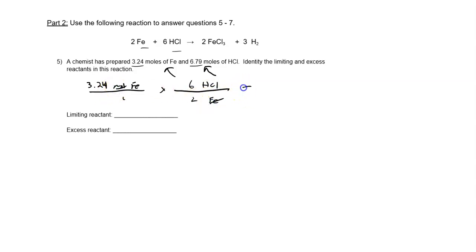And what that'll do is tell me how many moles of HCl would be used to use up all of that iron. Okay, so I'm going to go 3.24 times 6 divided by 2, and I get 9.72 moles of HCl. All right, so this number, using my mole ratio, tells me how much HCl I need.